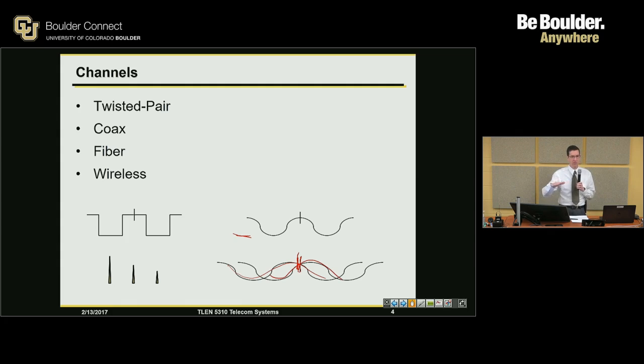Then it goes down the channel a little ways, noise comes in, and you get distortion. You regenerate it, and the noise and the distortion go away again. So that's the beauty of a digital system, and that's why we've made that transition from analog to digital networking.